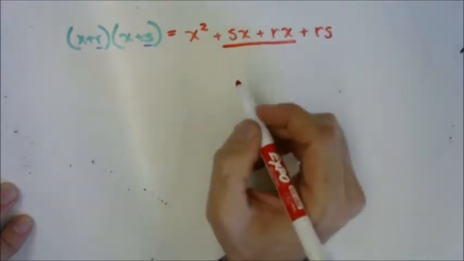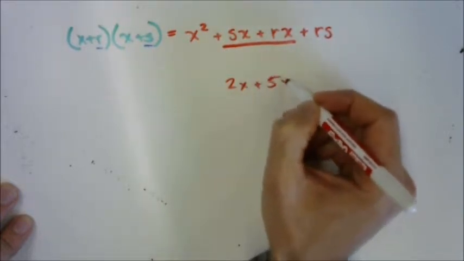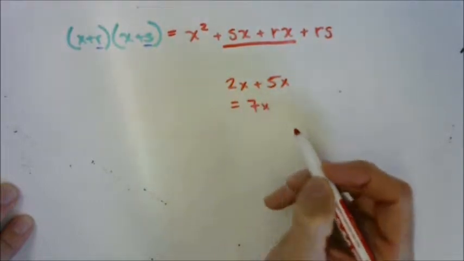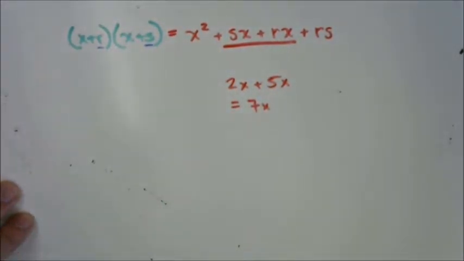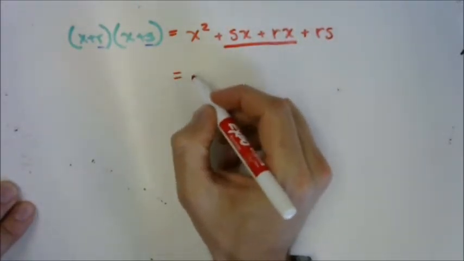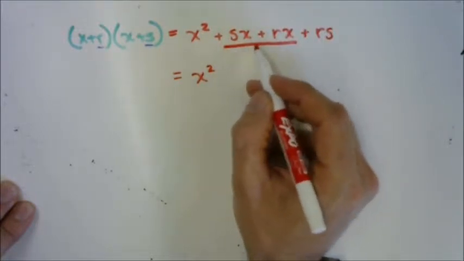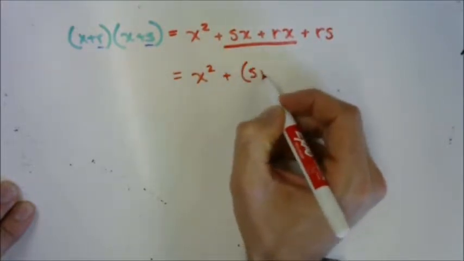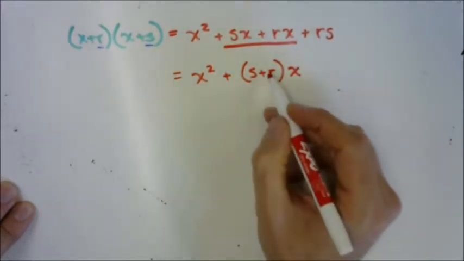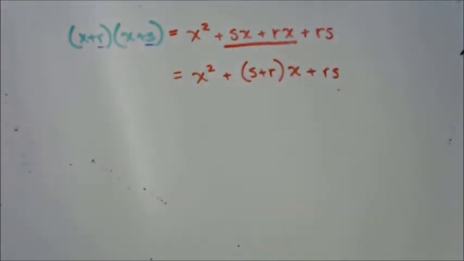So if we were to FOIL another one, like with numbers, and we got like 2x plus 5x, what would we do with those x's? We'd add them up and say this is 7x. Well, we can do the same thing in our general case, except we don't know what s and r are. So we're going to leave it as this. We know we have whatever added up s plus r is, that's how many x's we have. So we have s plus r times x. And at the end we have r and s.